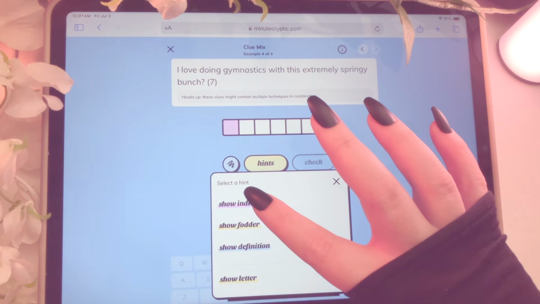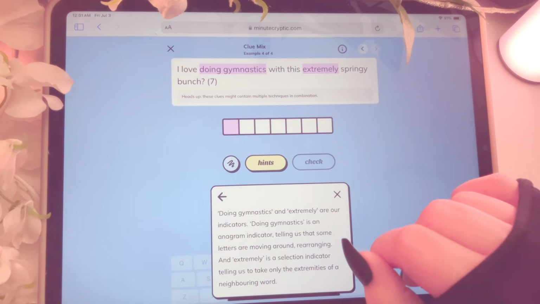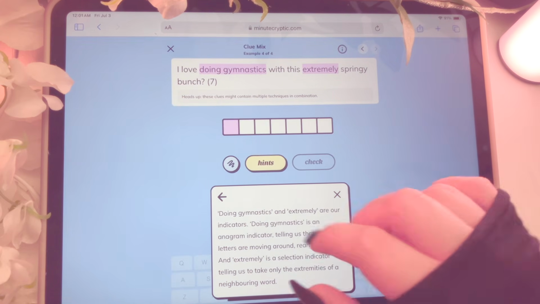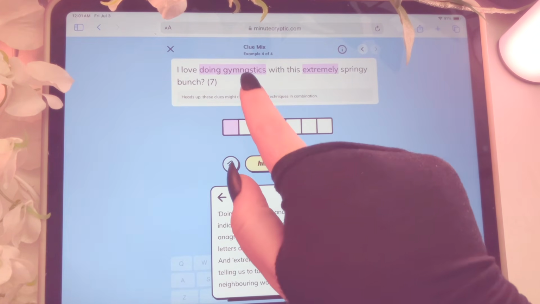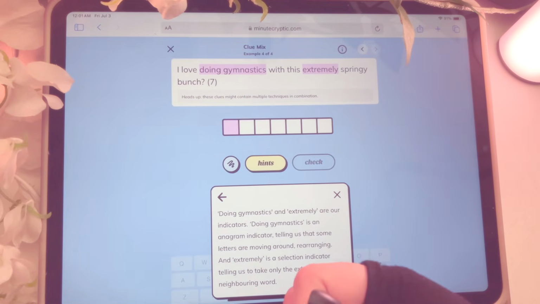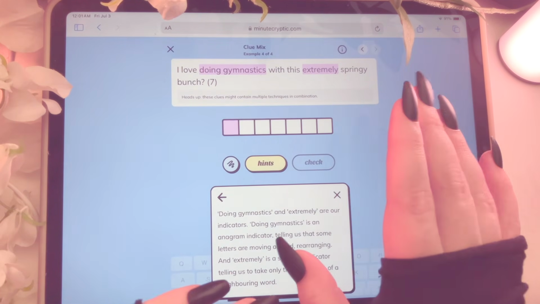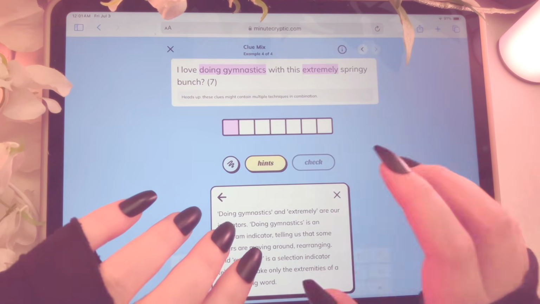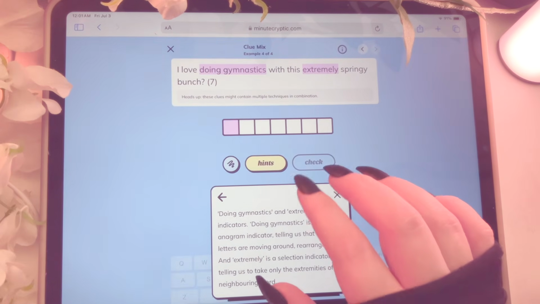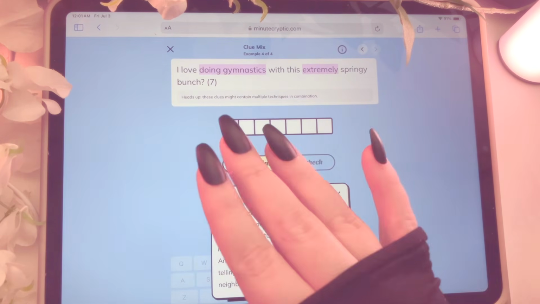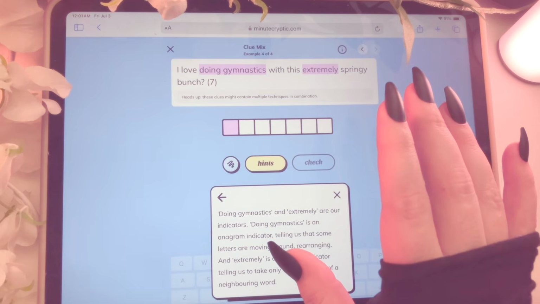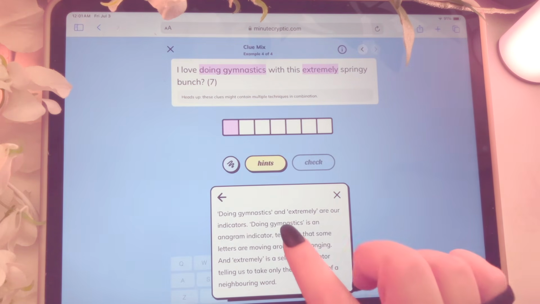Let's do the indicators. I love. Okay, so it is doing gymnastics. And extremely. Oh, maybe extremely is supposed to be a selection indicator, telling us to take the extremes or outermost letters. Let's see what it says.